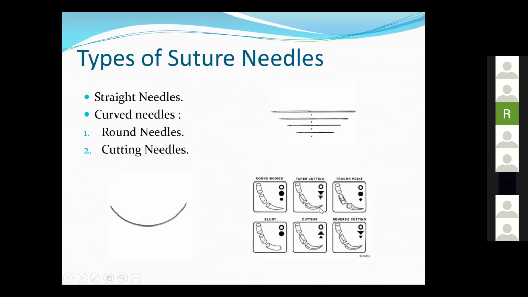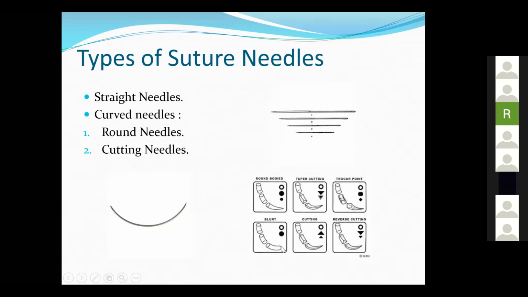This has that sharp curve tip, and the body is triangular. If you see, it's a sharp tip, the body of the needle is rounded. The sharp is here, it is triangular here, then it is rounded at the top.